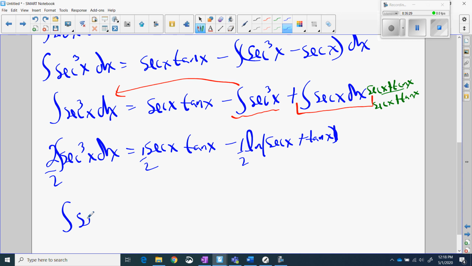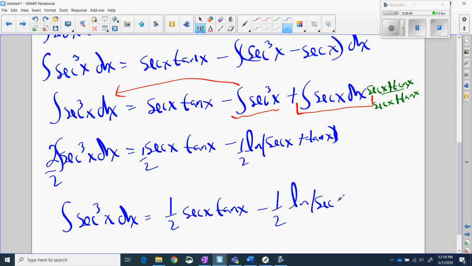The integral, which is what I'm trying to figure out, of secant cubed x dx would be 1/2 secant x tan x minus 1/2 natural log of secant x plus tan x, plus a constant. See, so that is a neat little trick.